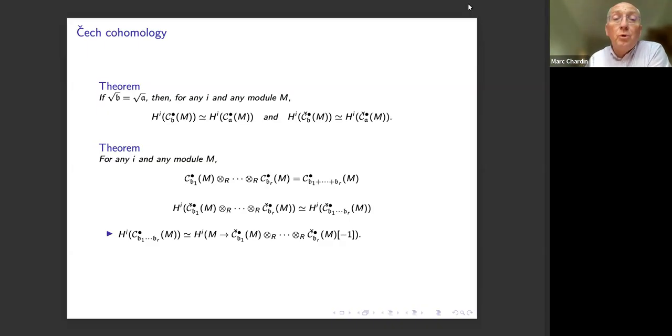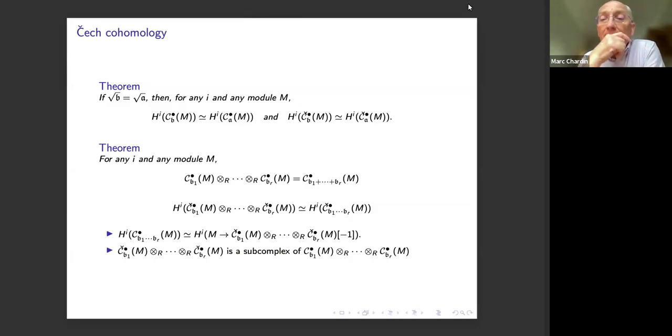Of course, one can compute the Čech cohomology of the product by taking the Čech complex over the generators of the product, but that's a much bigger complex. So it's usually a shorter complex with the same cohomology. Okay, and on top of that, I will explain how we use that, this complex here is a subcomplex of the other one.